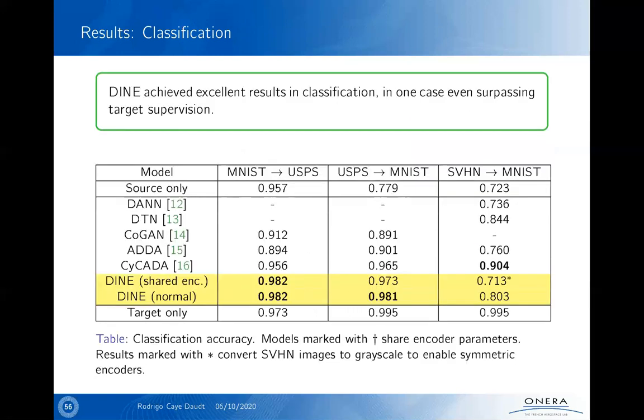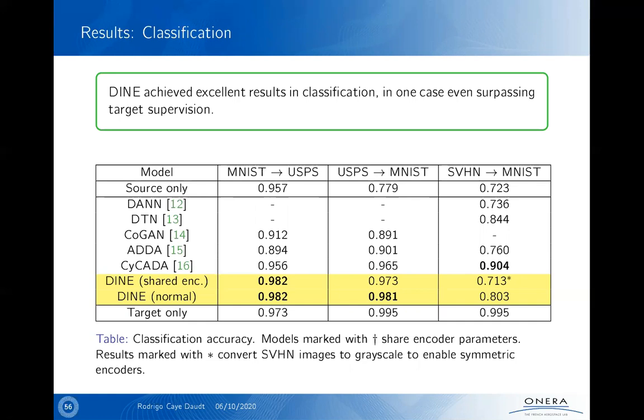Here you can see the results that we obtained. First of all, in two of the cases, the ones between handwritten digits, we got the best results among the compared methods. We did not achieve the best results in the third case, but it's not horrible either.